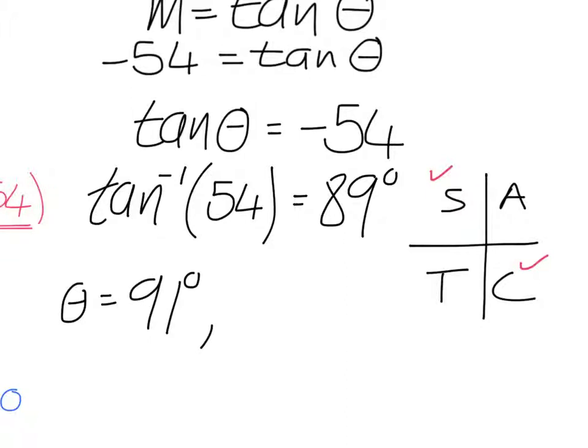And from the cos quadrant, that will be 360 take away 89, which is 271 degrees. Quite clearly, if we look at the diagram, we can see that the angle is an obtuse angle rather than a reflex angle, which means that rules out 271 degrees, which means our angle theta, the one we're looking for, is 91 degrees.